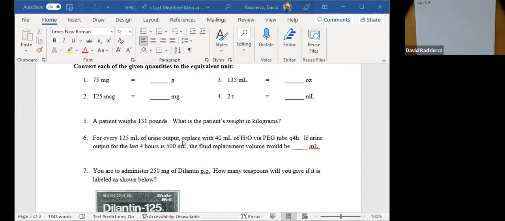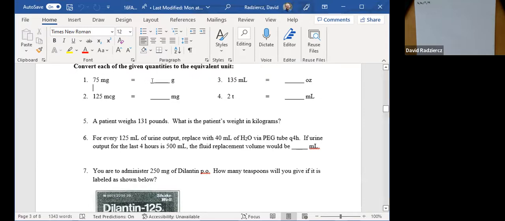Now, before I get into this, I just want to remind you, and I said this on the review I did on Tuesday, when you're doing basic unit conversions, like milligrams to grams or micrograms to milligrams, you do not round those answers, okay? You do not round those answers.